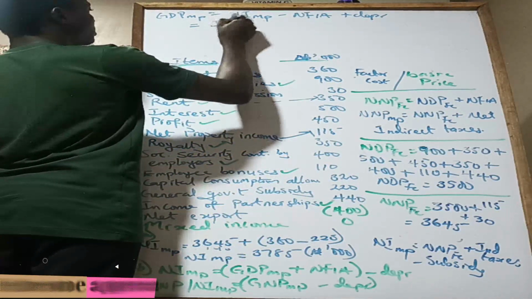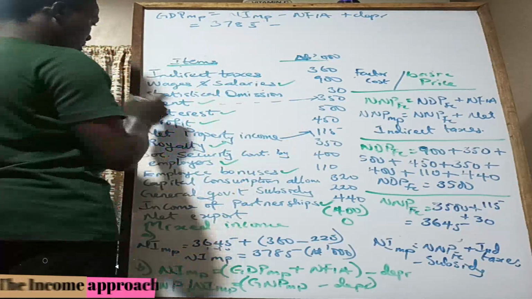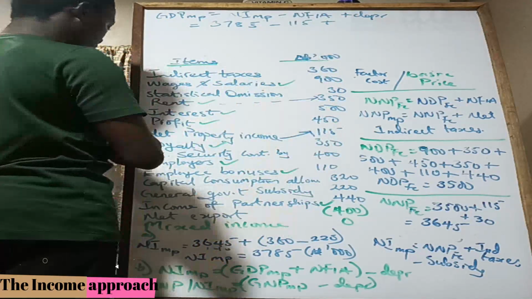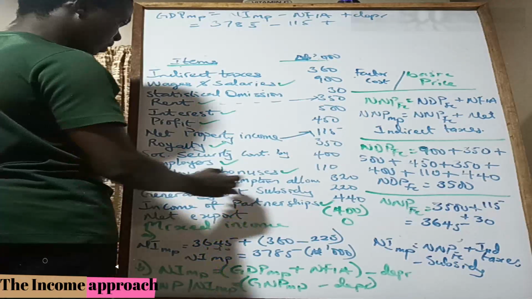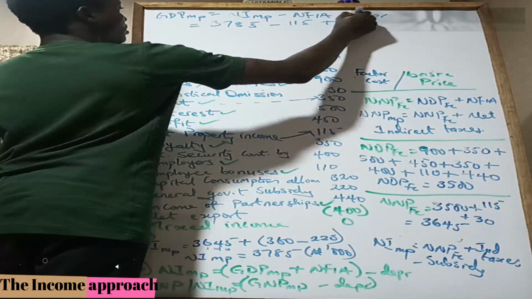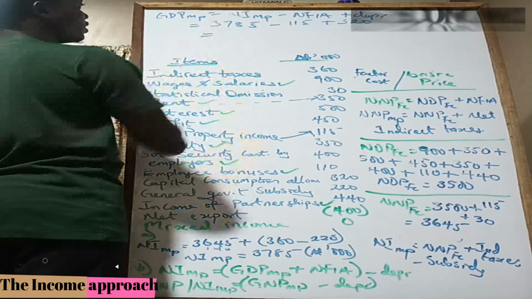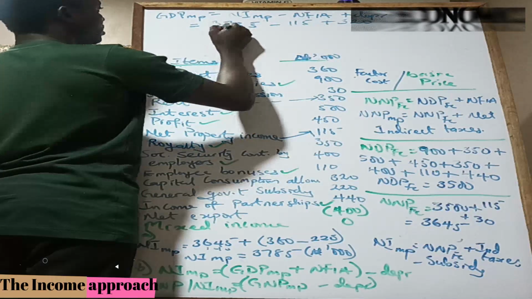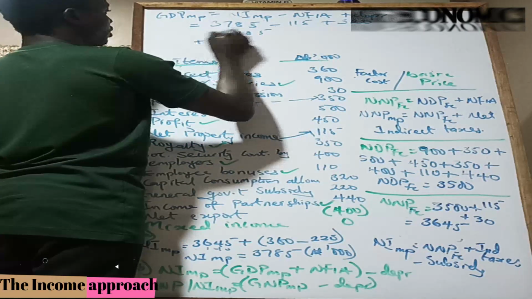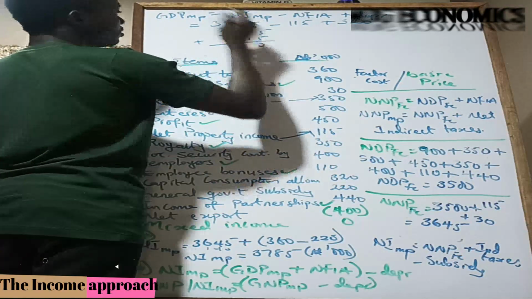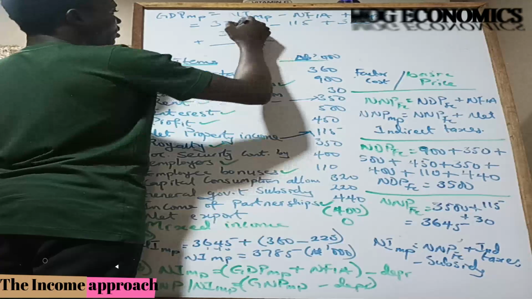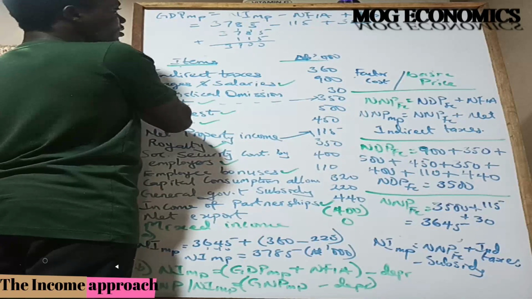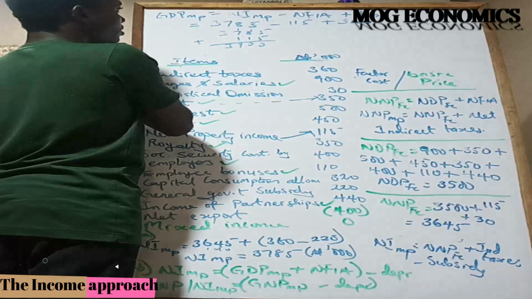So this is going to be equal to 3785 minus the net property income from abroad, which is 115, then plus depreciation, which we've used before, the capital consumption allowance, 320. So solving all of this, let me quickly do that. 3785 plus 115 is 3900.